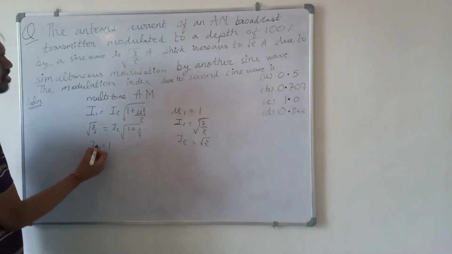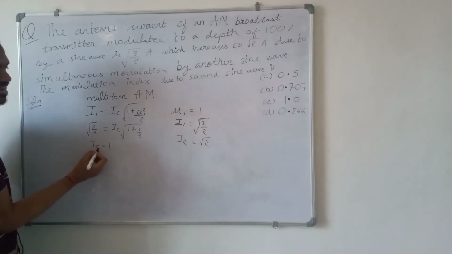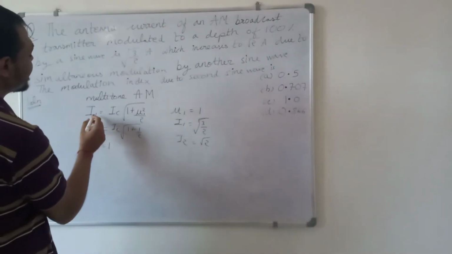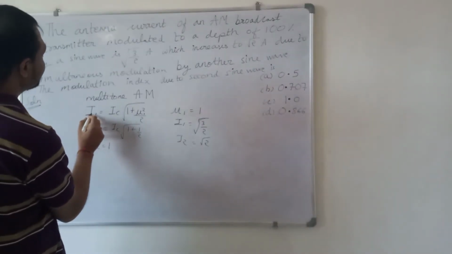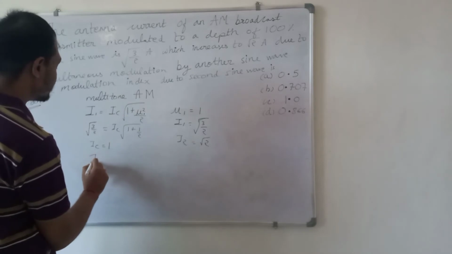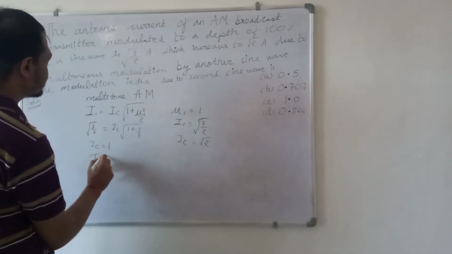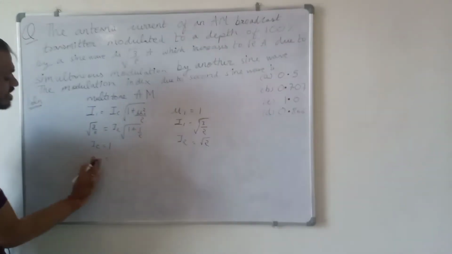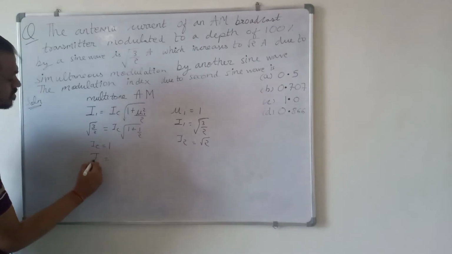Now this IC will not change because it is the current in the carrier. So this current will never change. What will change is I1, I2 and the modulation index. Now we are finding the current I2.